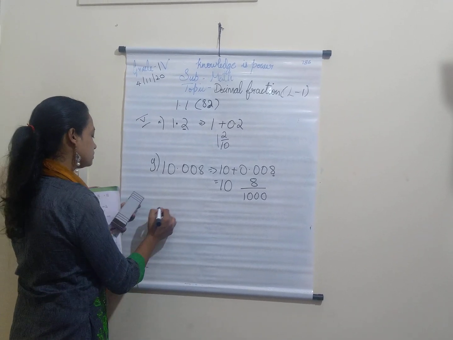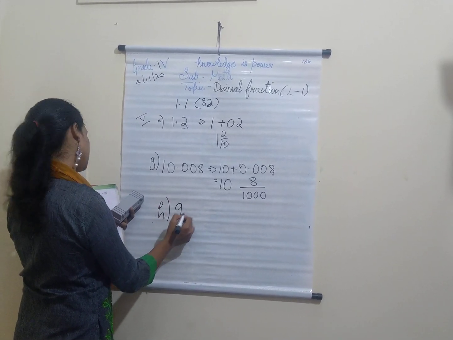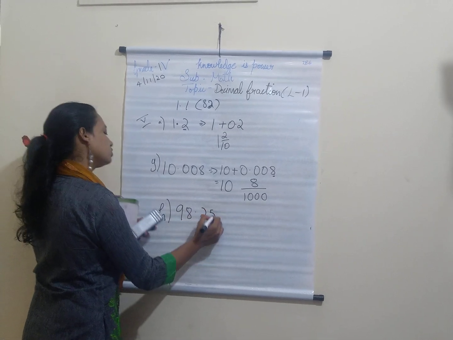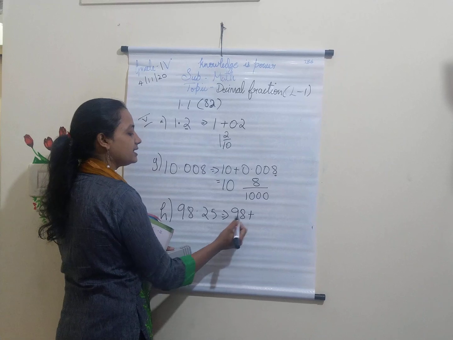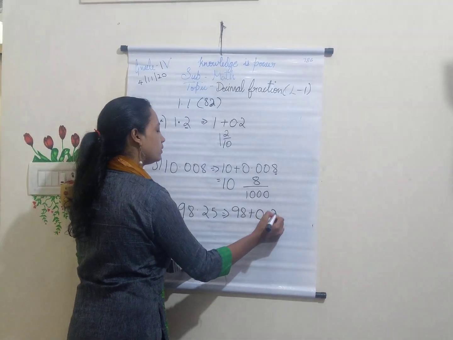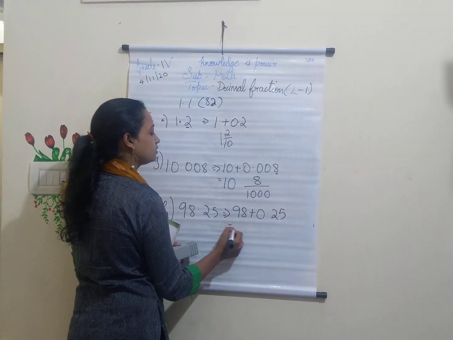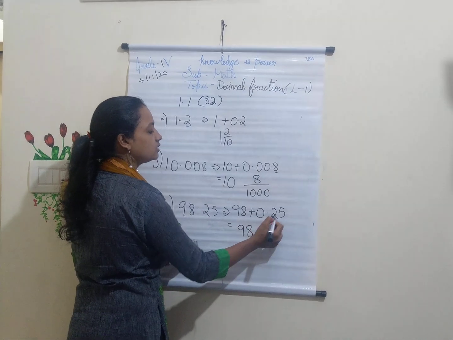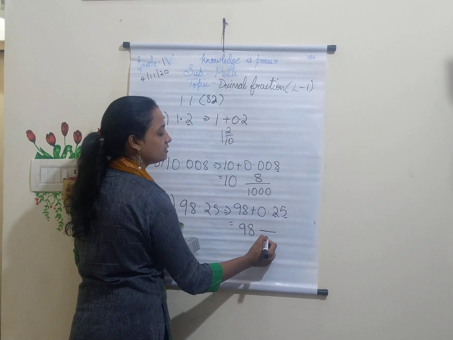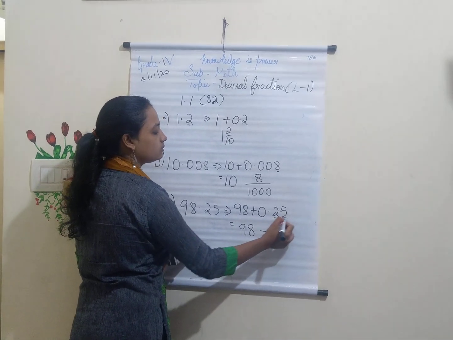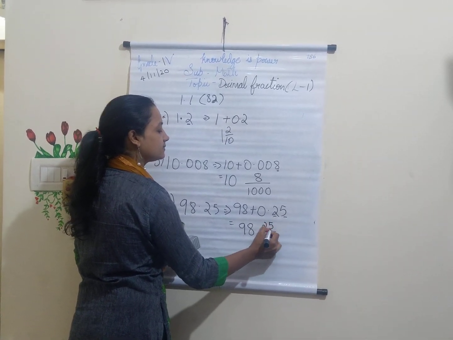Next is H, 98.25. So split it up first. 98 plus 0.25. So write 98 as it is. 25. You have 2 decimal numbers. So you should divide by 100. And both the numbers I'll write it here.